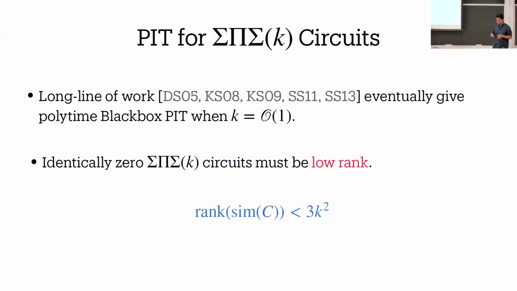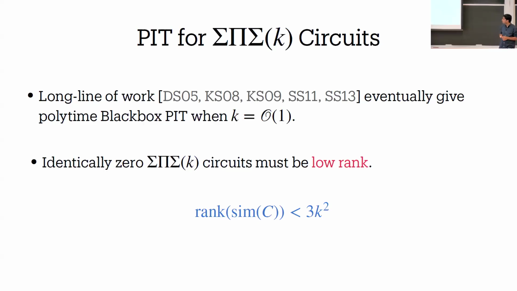An idea that constantly appeared in these results was that if the depth 3 top fan-in k circuit is computing an identity, then it must be a low rank circuit. The rank we defined is, for example, if the circuit is over the reals, you can show that the rank of such a circuit computing 0 is at most 3k squared.